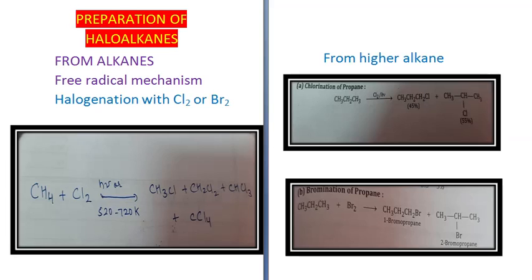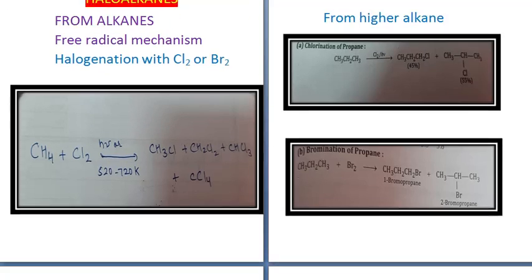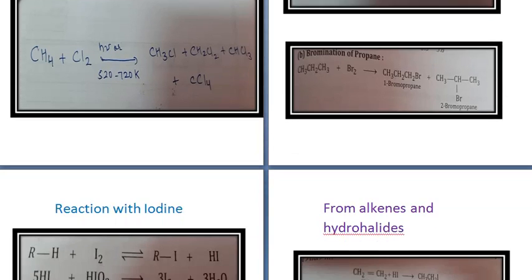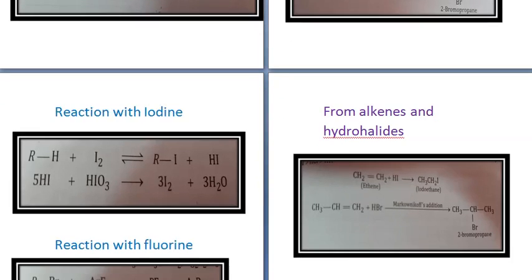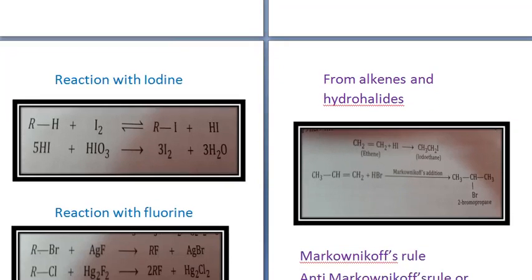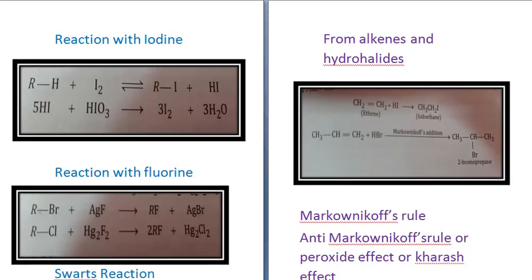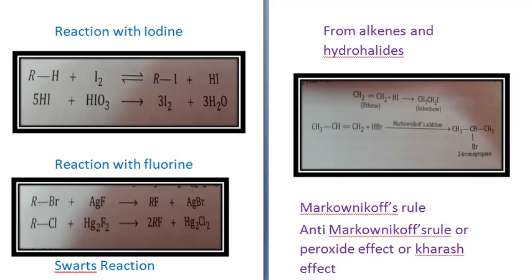Alright, next method of preparation is from halogens. Because halogens include iodine and fluorine as well, when the alkane is treated with iodine, you do get a haloalkane, but it is a reversible reaction.